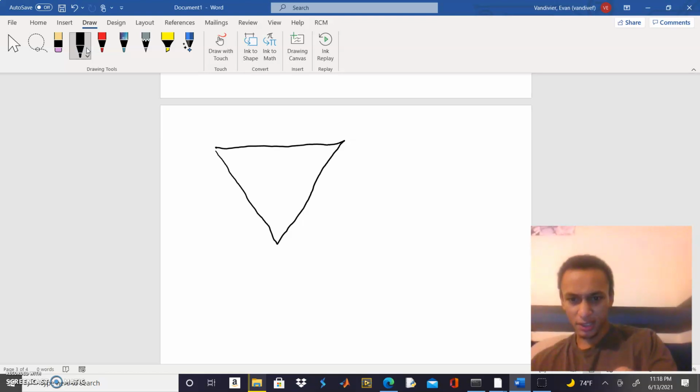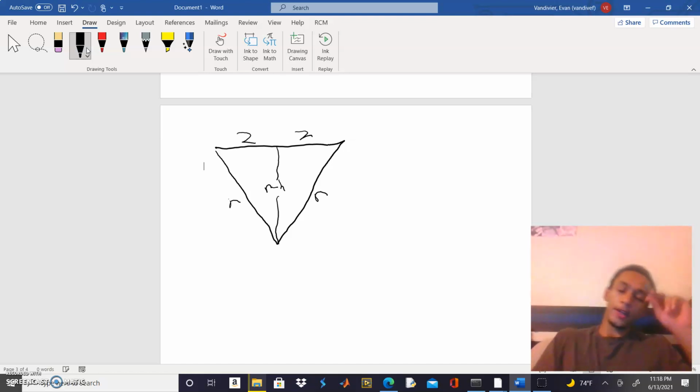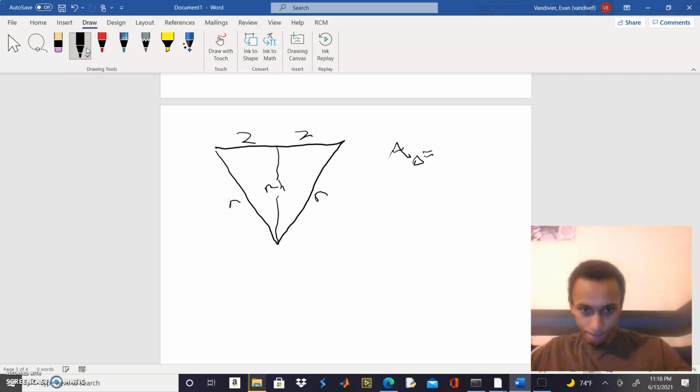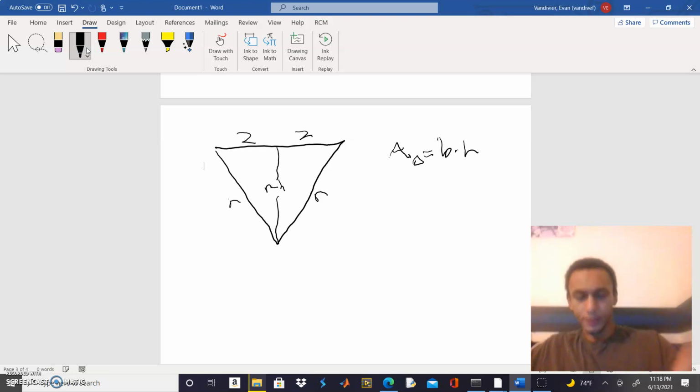We said r minus h, and we made these z. Couldn't name that any variable. So the area of a triangle is base times height. So the area of the triangle equals base times height.